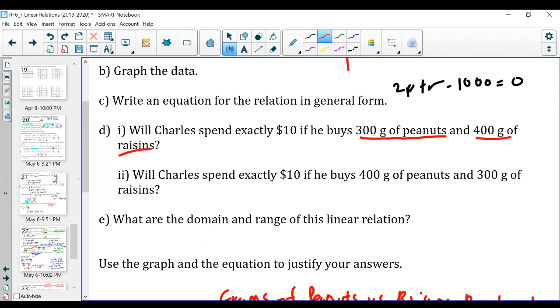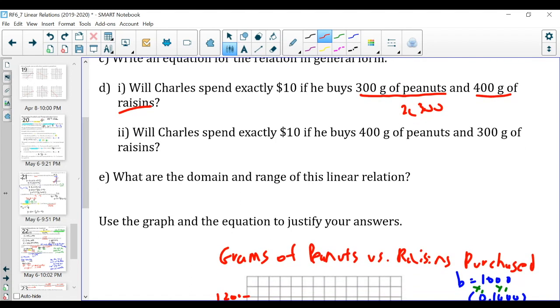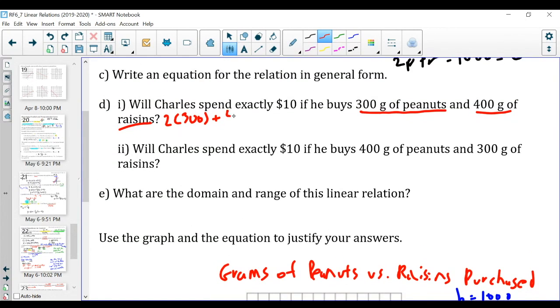So we'll have 2 times 300, and excuse all this technological trouble. I'm trying to avoid all these dead spots on my screen. So we got 2 times 300 plus 400 minus 1000 is equal to 0.